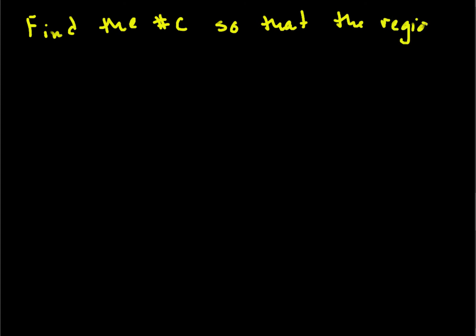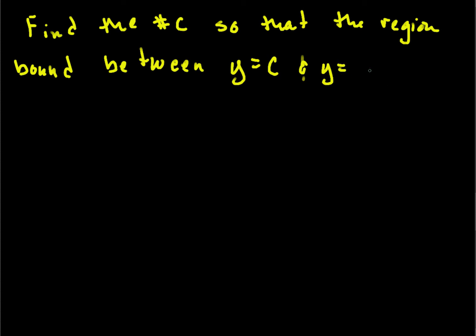Let's find the number C so that the region bound between y equals c and y equals x squared is equal to 36.